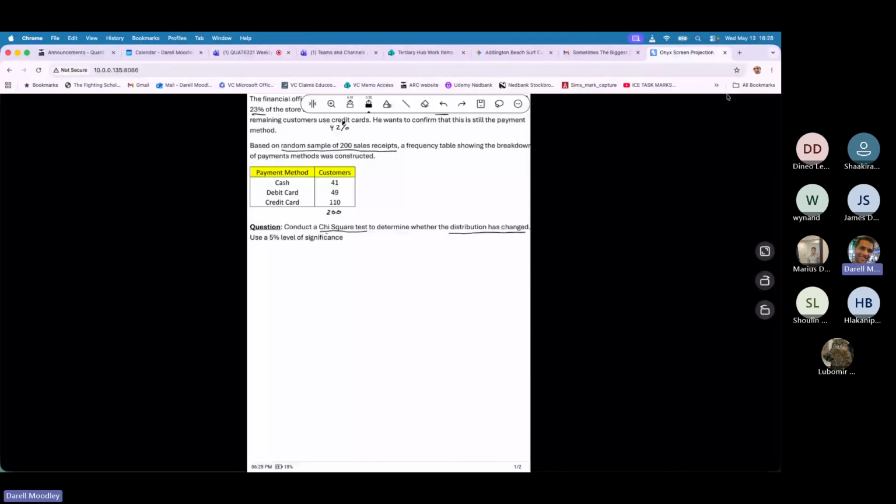Right. So for the chi-square test, there are 5 steps. Let's do the first step. Step 1 is to declare your hypotheses: you're going to have your H naught and your H1. You need to remember that H naught is always the case where the distribution is the same. So here you will say the payment distribution is the same.